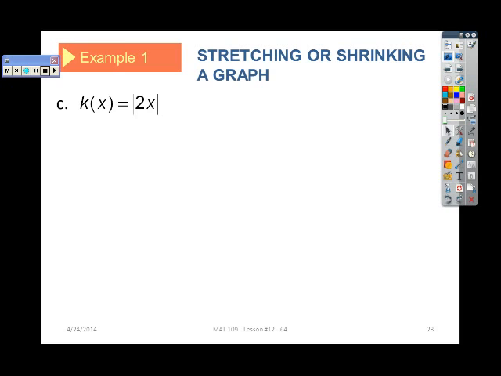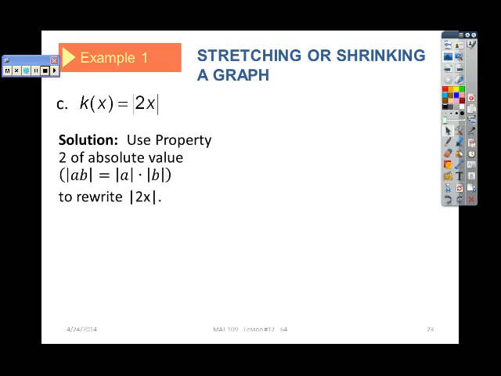What happens if you have an absolute value and you have a multiplier inside? Well, for absolute value, you can actually take that number out. There's a property for absolute value that says the absolute value of a product is the product of the absolute values.